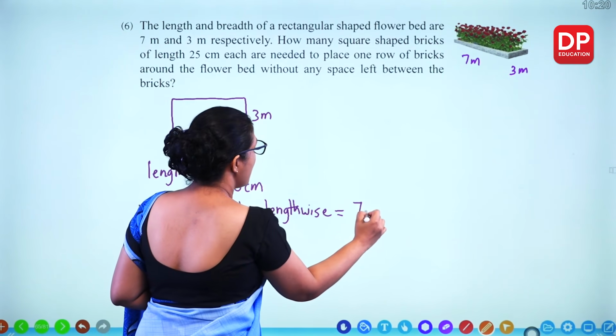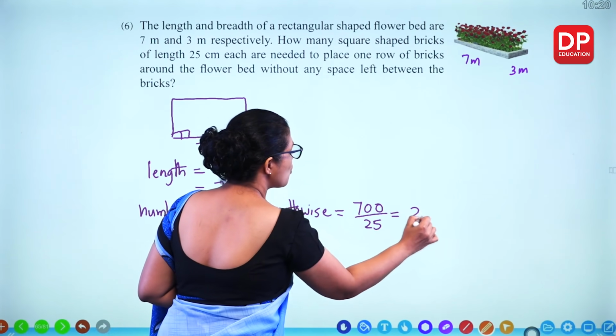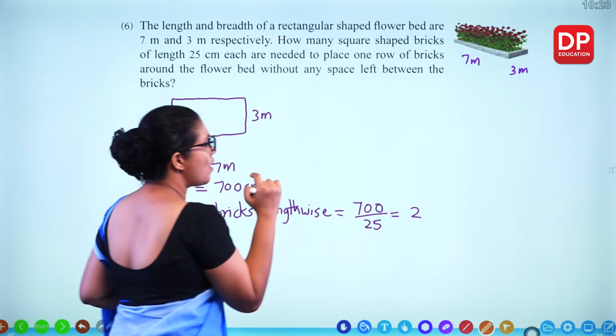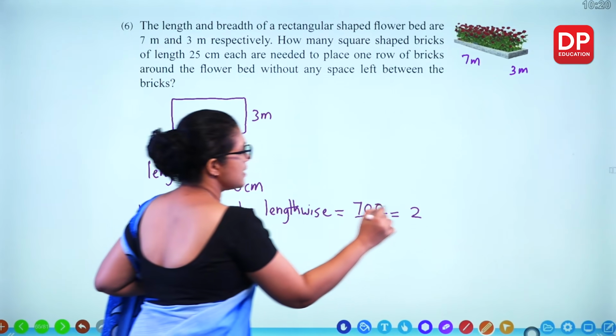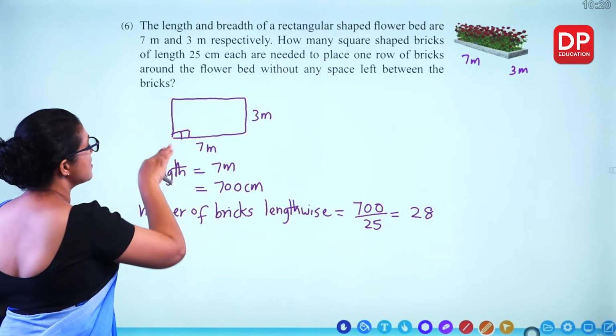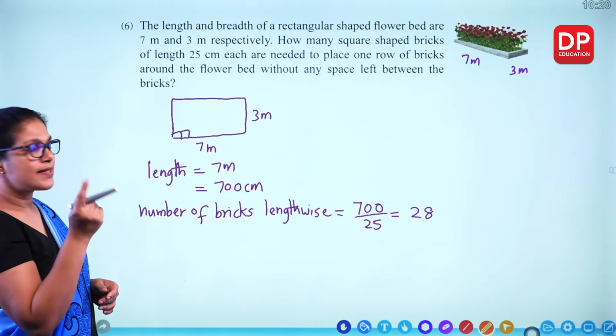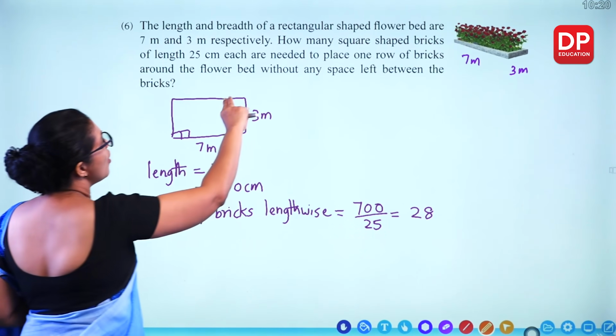So 700 divided by 25. 25 times 4 is 100, so 25 times 28 is 700. So 28 bricks lengthwise. Then how many bricks are needed for this side?